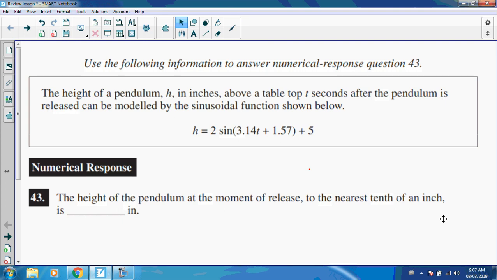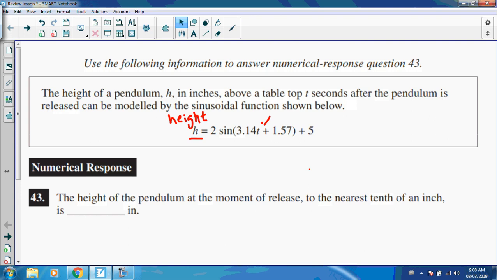Okay, so hopefully you came up with an answer to this. The height of a pendulum, h. So over here, our y value is the height in inches above a tabletop t seconds after the pendulum is released can be modeled by the sinusoidal function shown below.